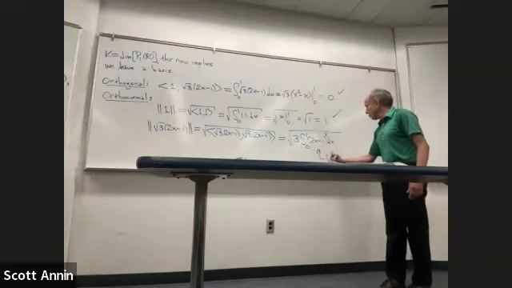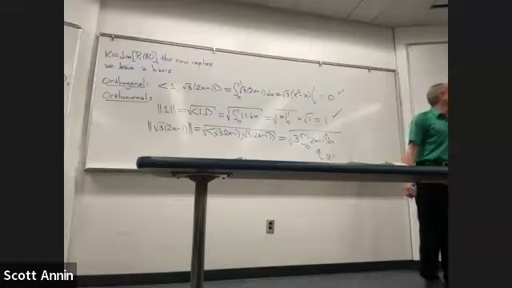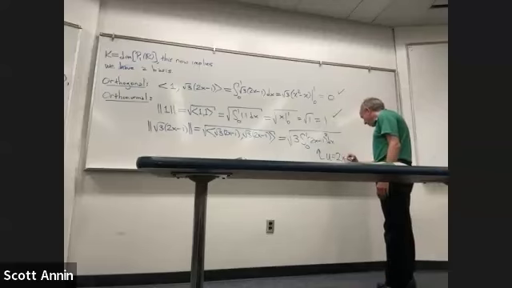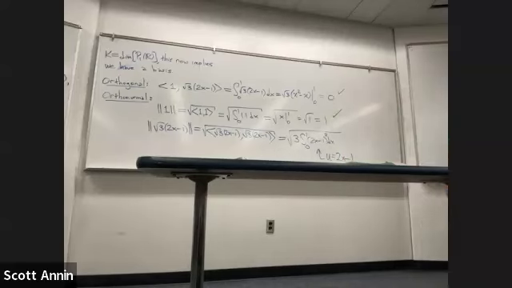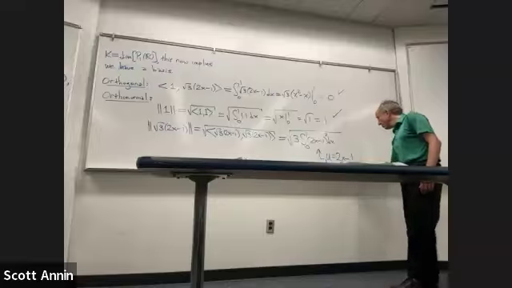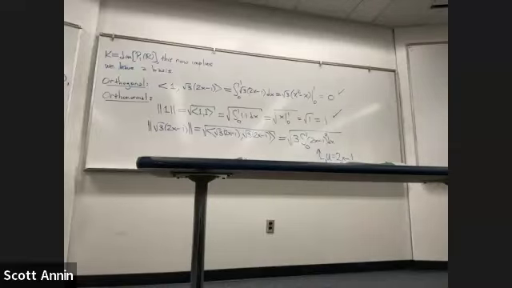Maybe I'll just practice u substitution. Why not? I don't get to teach that very often, so let me see if I still know how to do it. I'm going to let u equal 2x minus 1, and then the du is just the derivative of that, which would be 2 times dx.